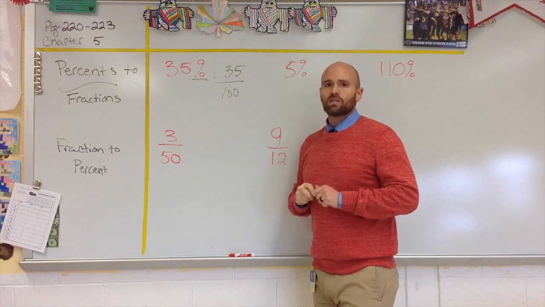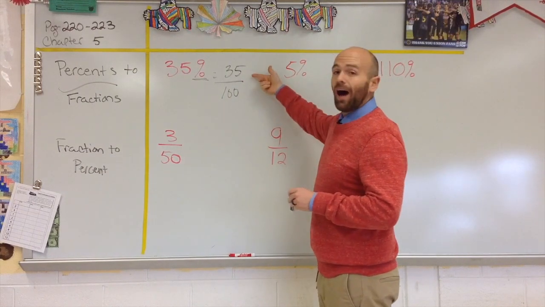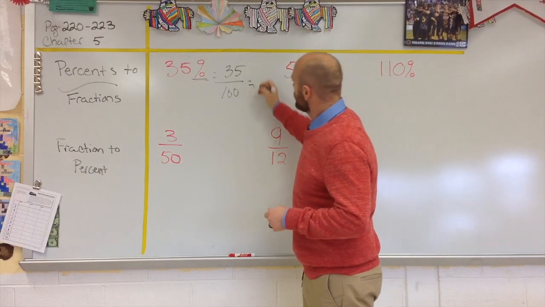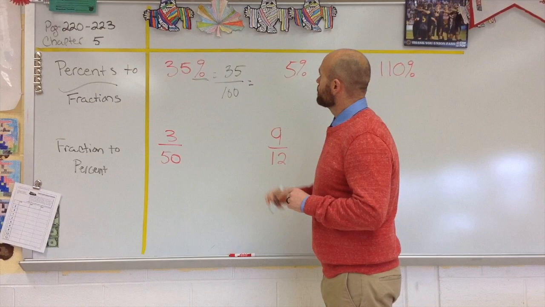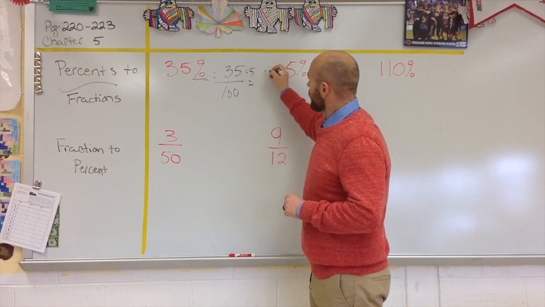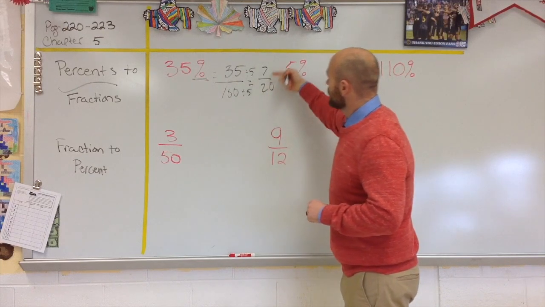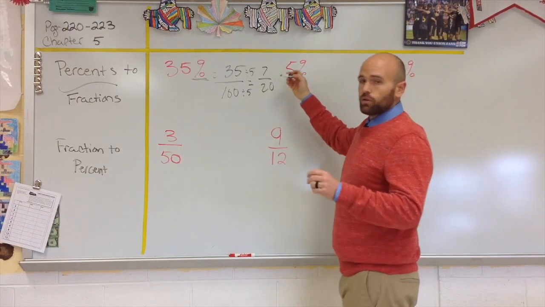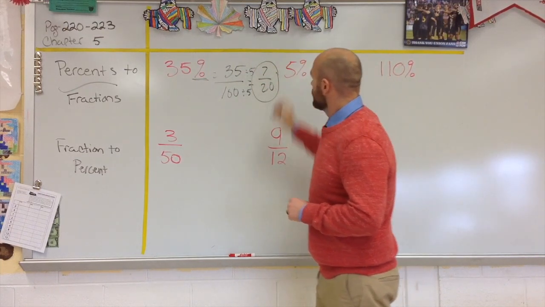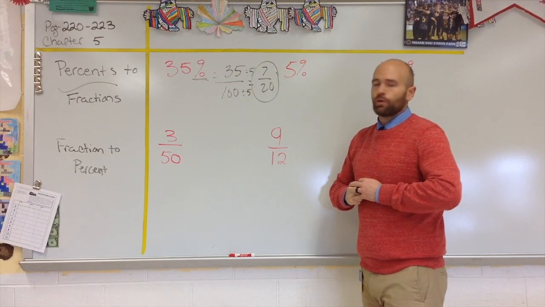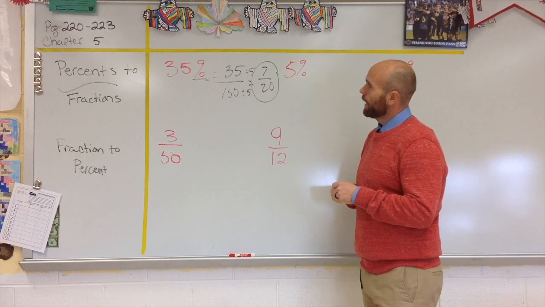Now, we know with fractions, we can reduce this. 5 goes into both 35 and 100. So I would break that down. 35 divided by 5 is 7. 100 divided by 5 is 20. 7 doesn't go into 20, so this would be the simplified or reduced fraction for 35%. Okay?